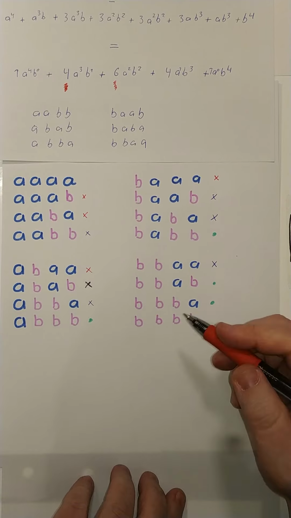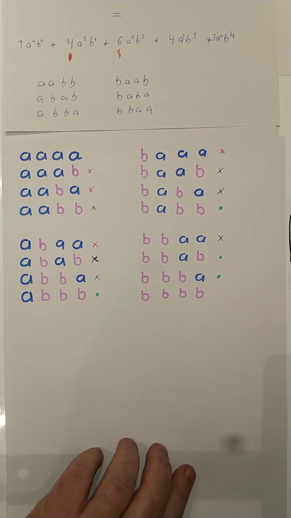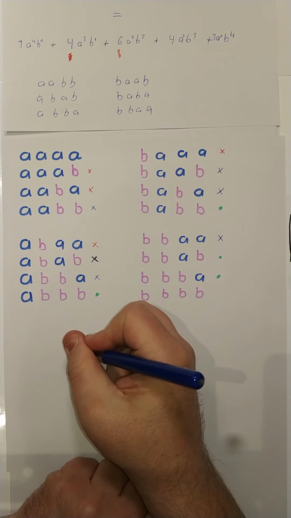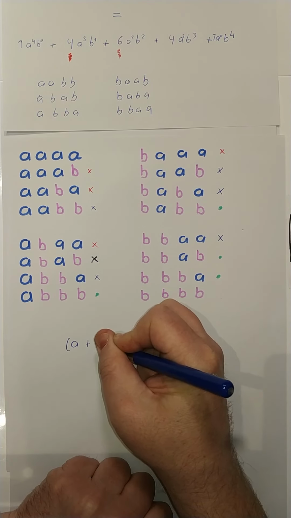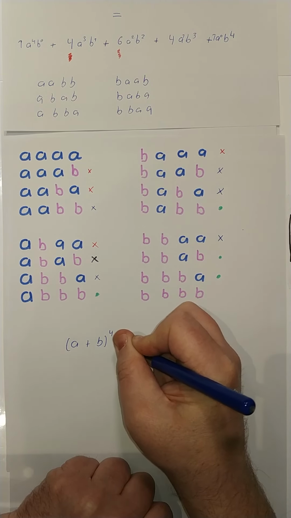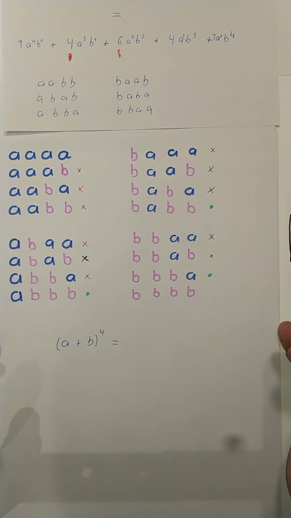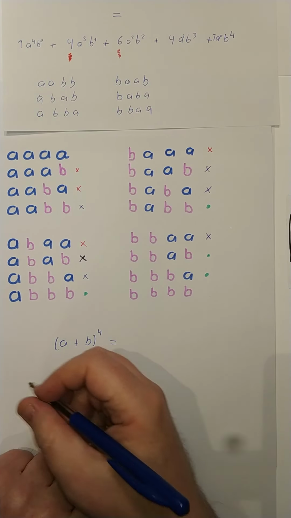So when we have a plus b in brackets raised to the power of 4, we now see that we're going to get 5 different terms.